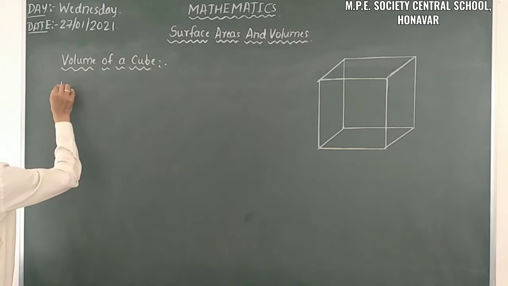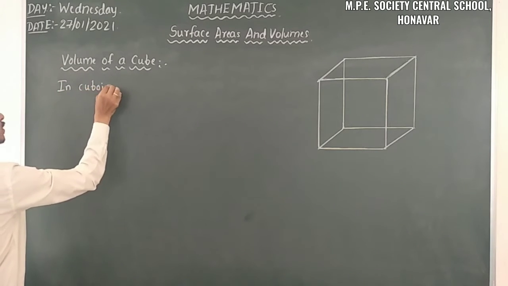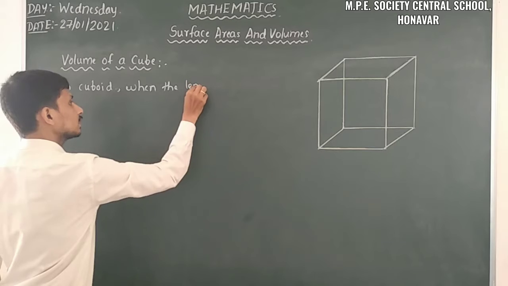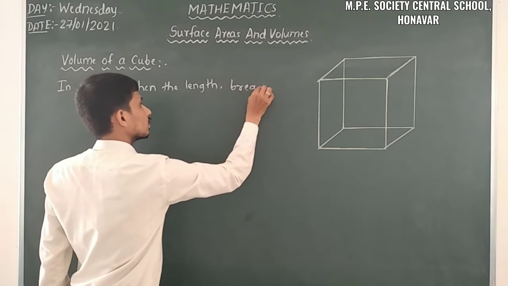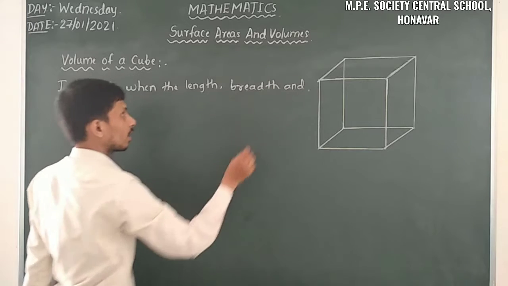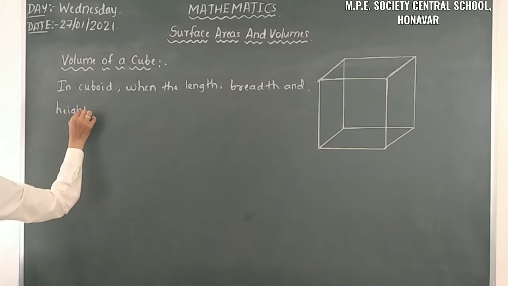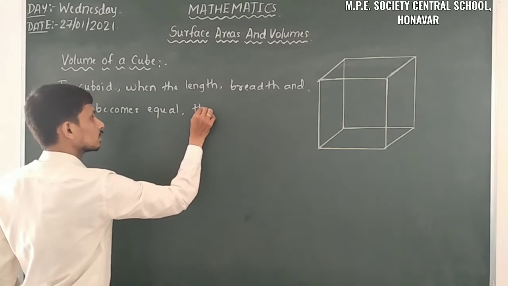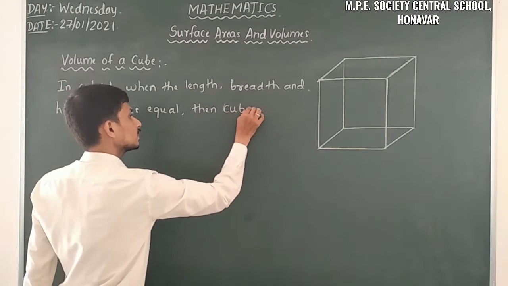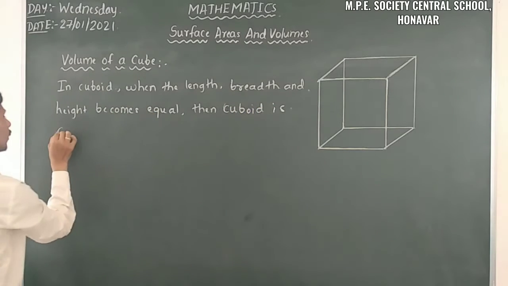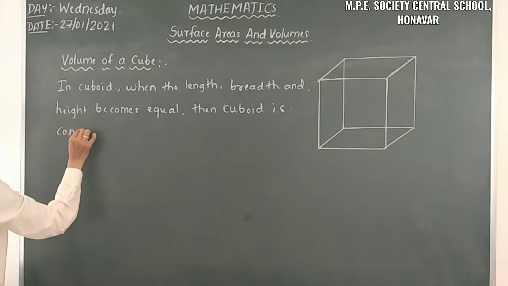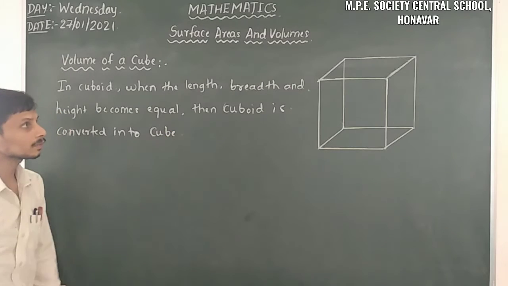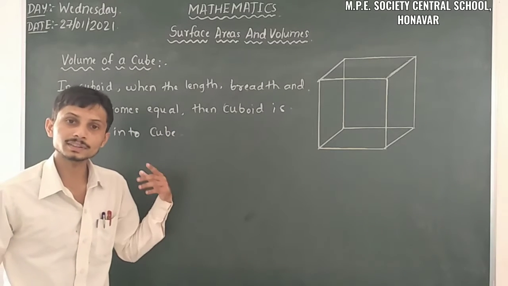So in a cuboid, when the length, breadth and height become equal, then the cuboid is converted into a cube, and whatever the length, breadth and height were, they are converted into edges.